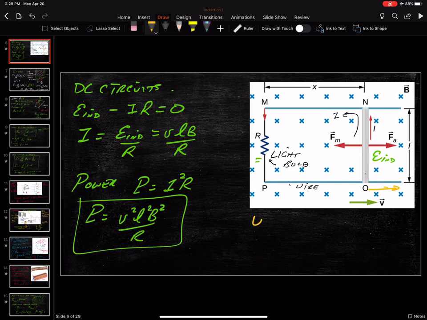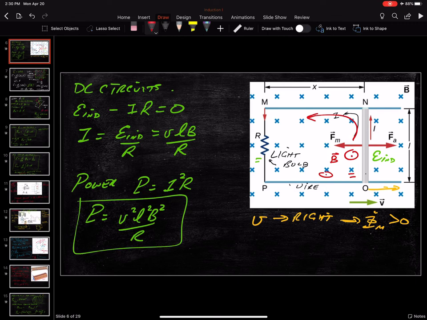So for V to the right, this implies that phi m dot is increasing. I got more flux through there. So I want to try to drop that flux down. So I create a new B through here that's got to point up. Since the magnetic field was pointing into the page, it's got to point up. Okay, so this is my new B. And the way that I create that is by having a current moving in this direction. Okay, and so everything's consistent with each other.